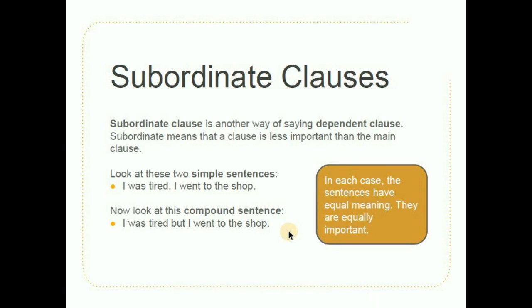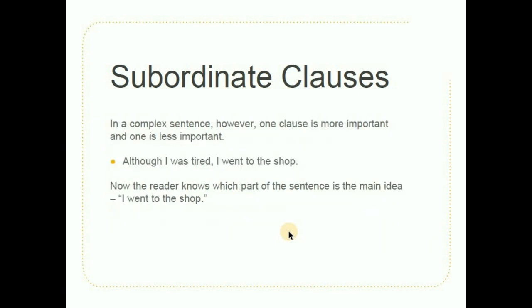However, if we were to change this into a complex sentence, although I was tired, I went to the shop. Now we have changed the meaning because one of the clauses is more important than the other. In this case, I went to the shop is the main idea. It is the most important part.